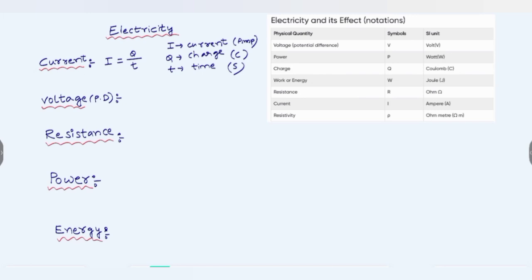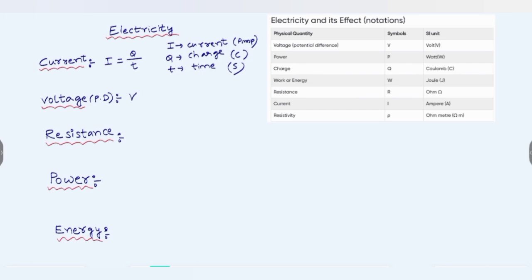Whereas potential difference is the work done to move a charge from one point to another point. Work done to move a charge from one point to another point will be called the potential difference between those two points.